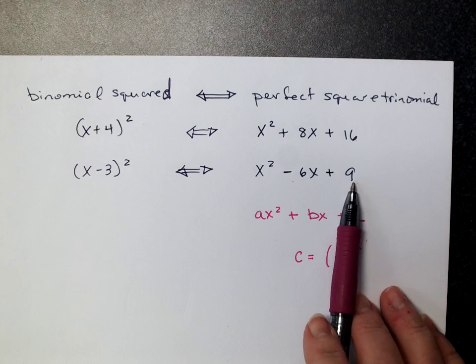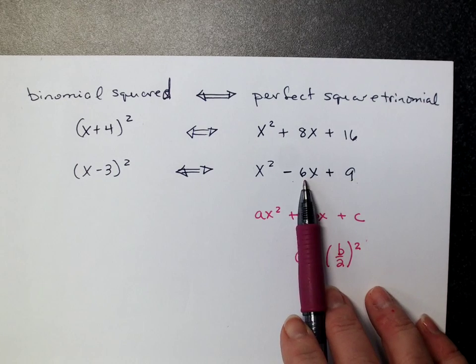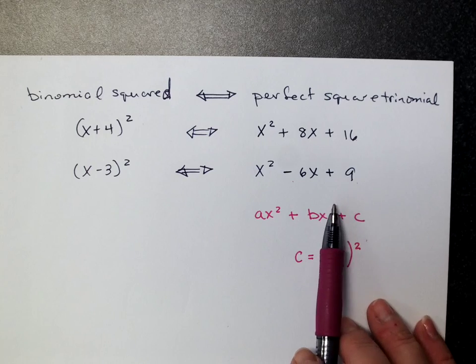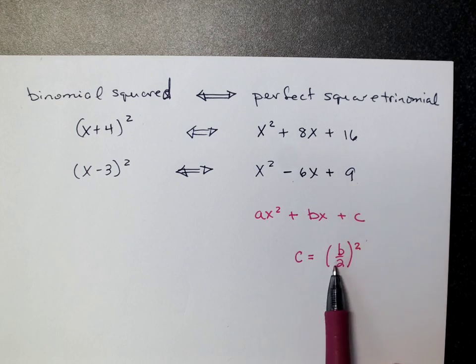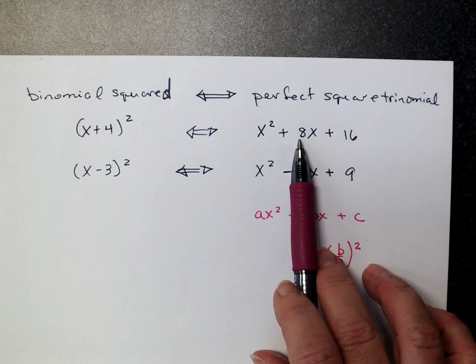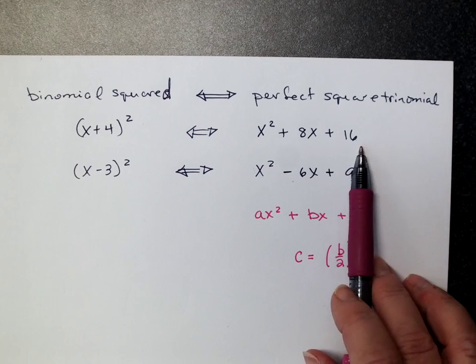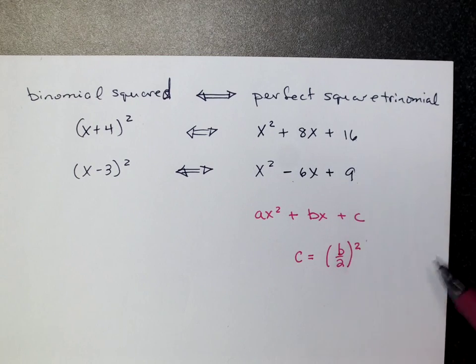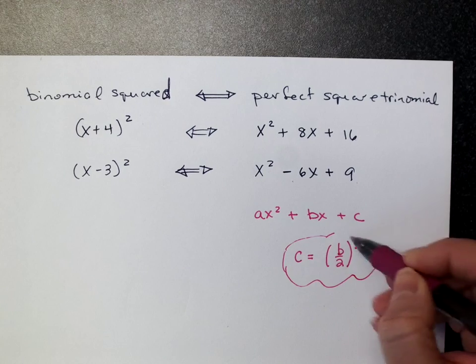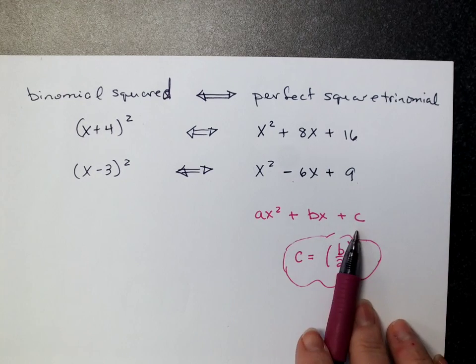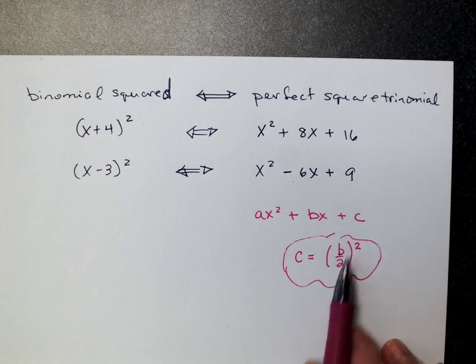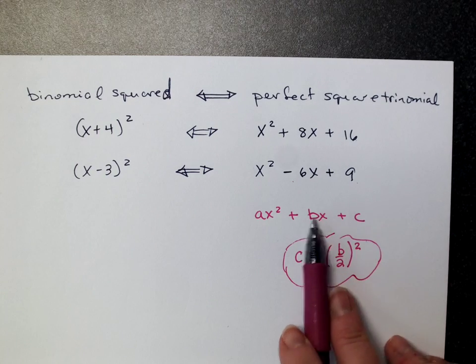This is the same thing as this broken in half, 3, squared. This broken in half, b divided by 2, is 4, squared is my number there. This is a really important little relationship, because if you have just a general trinomial, that's another way to test a perfect square trinomial. Is your constant half of your linear coefficient squared?